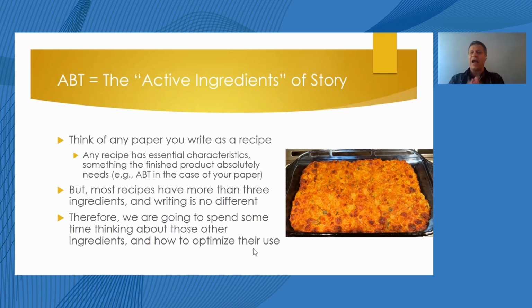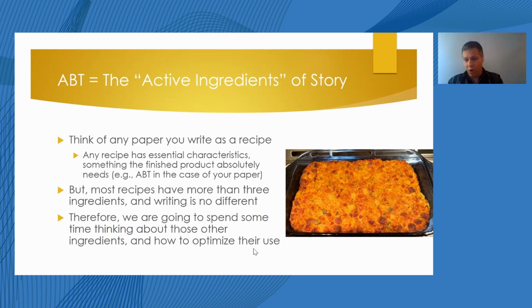With those rare exceptions aside, most recipes have a lot of ingredients. You have to go on a scavenger hunt to find all of them. Think about your favorite dish that you really enjoy making. If you were to pick the top 3 ingredients, the things the recipe absolutely needs, those top 3 ingredients don't exist in isolation of the other ingredients.